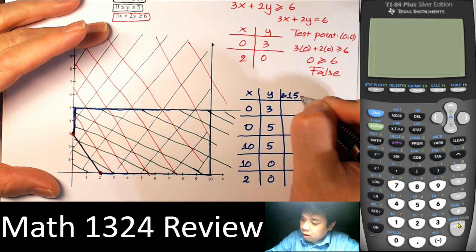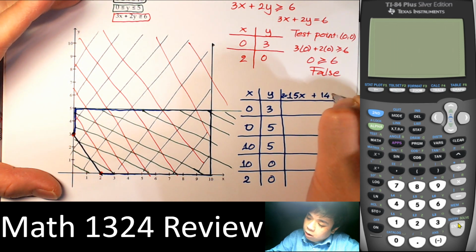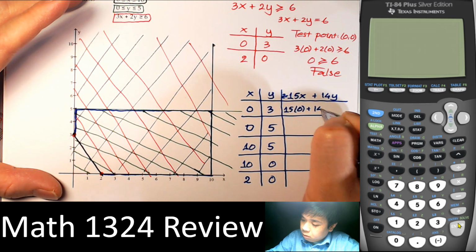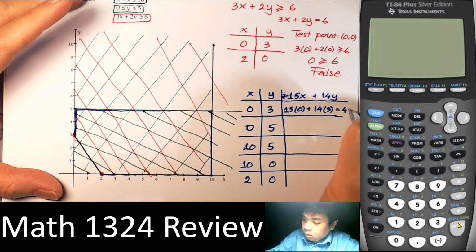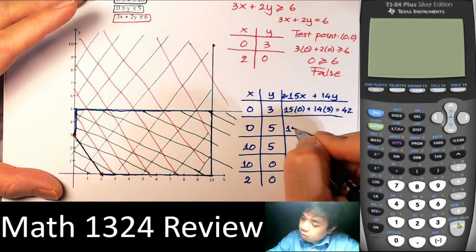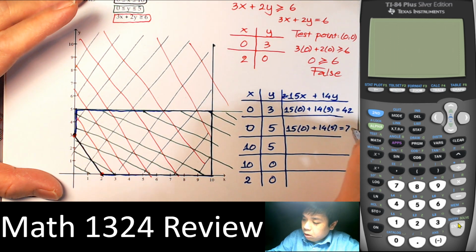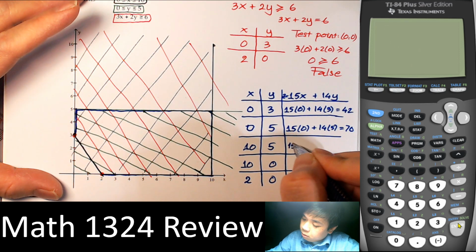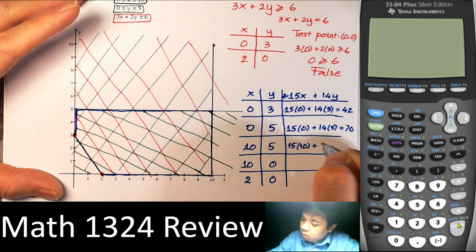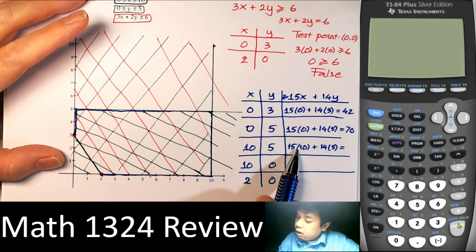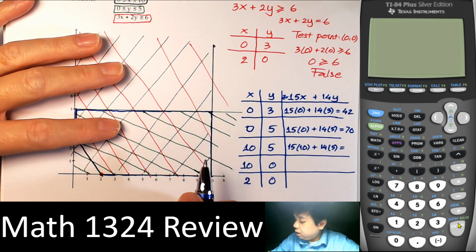Z equal to 15x plus 14y. 42. $70. What is 70 and 150? 70 and 150, that's 220.